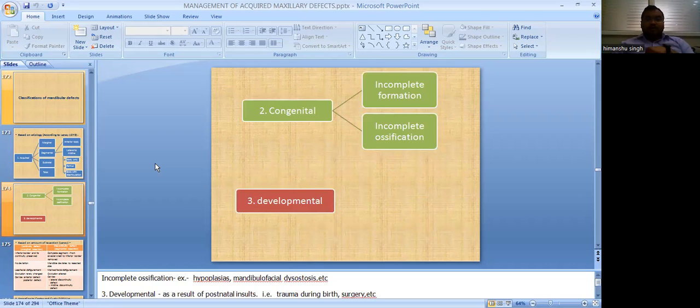Now, congenital is divided into incomplete formation and incomplete ossification. And then the next is developmental. Incomplete ossification includes hypoplasia, mandibulofacial dysostosis, etc. Developmental defects are a result of postnatal insults, such as trauma during birth, surgery, etc.